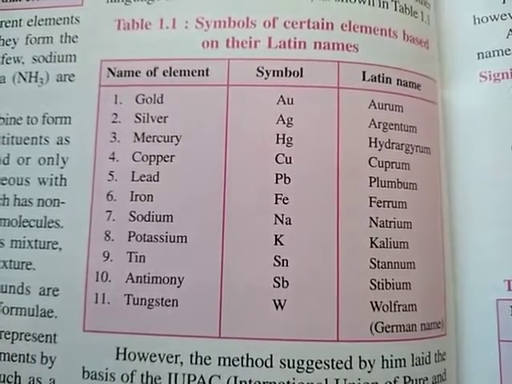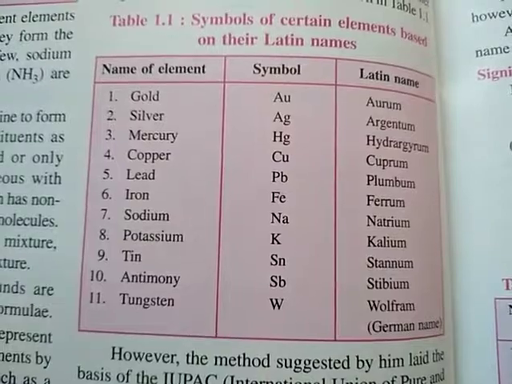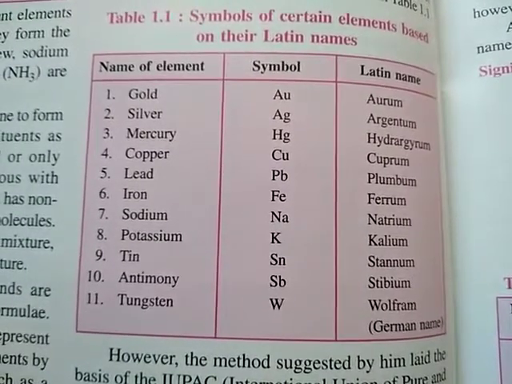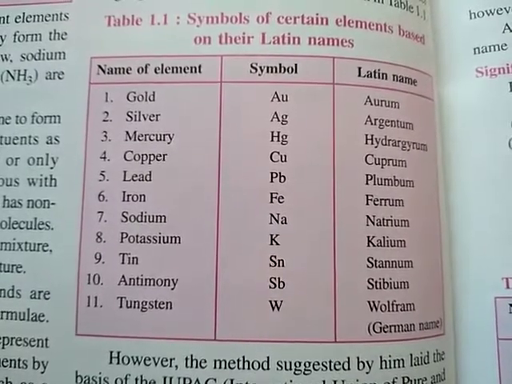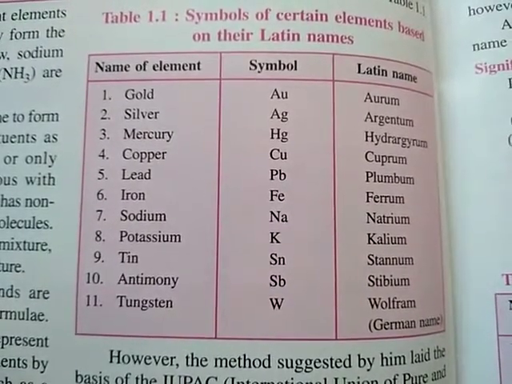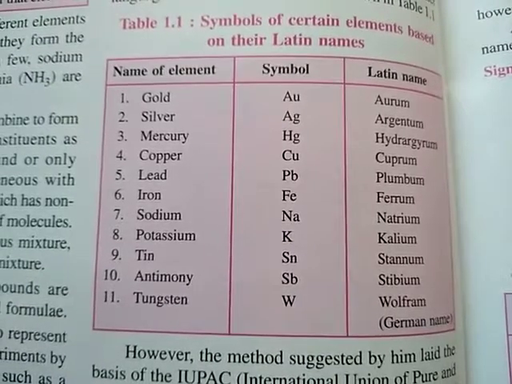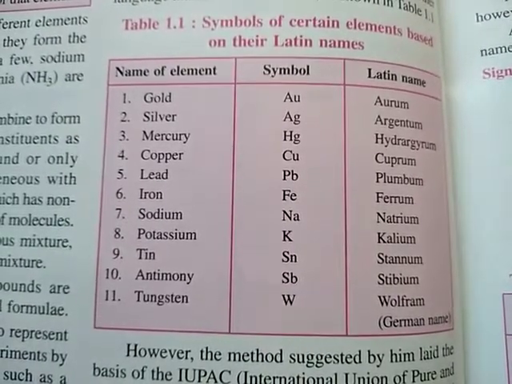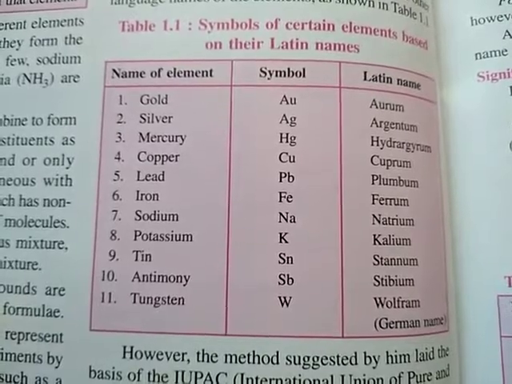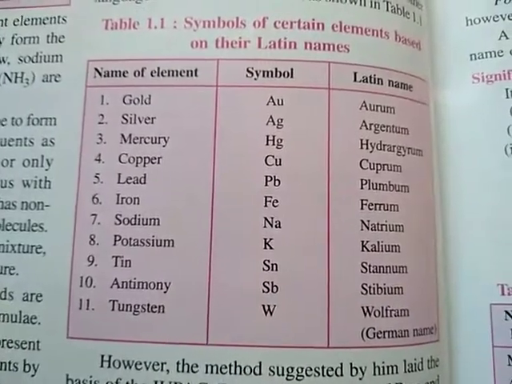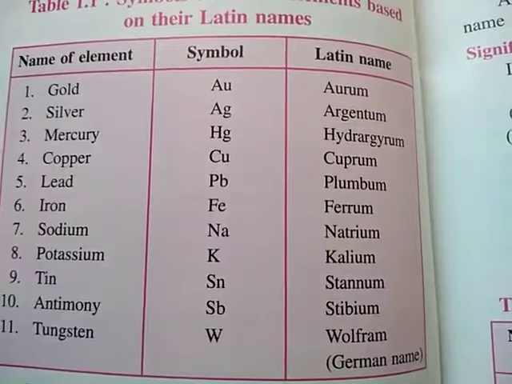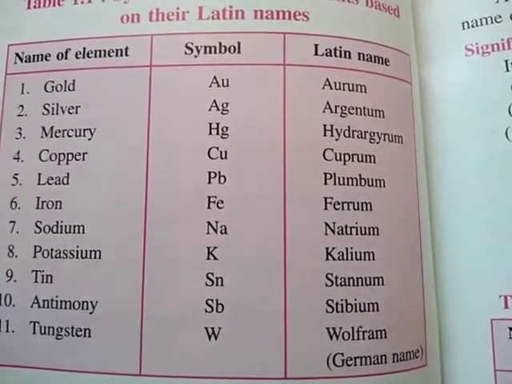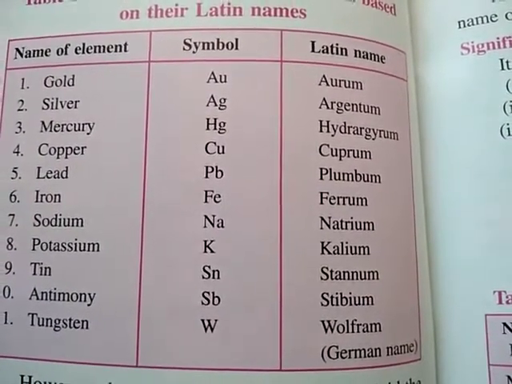We were expecting gold to start from G and silver to start from S. But we have reserved the alphabet S for sulfur, and a single representation cannot be meant for two or more elements. So these symbols have been carried forward from their Latin names: Au from aurum, and Ag from argentum, which are Latin names.